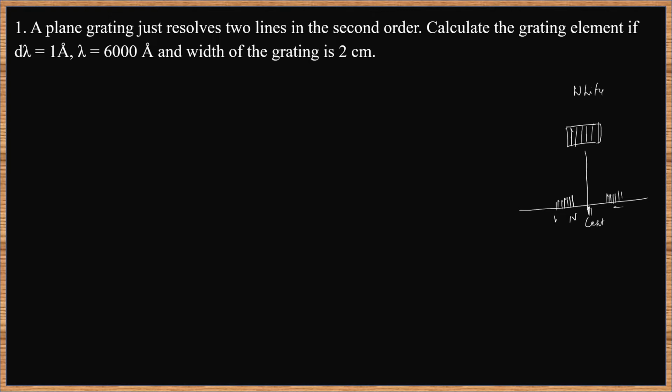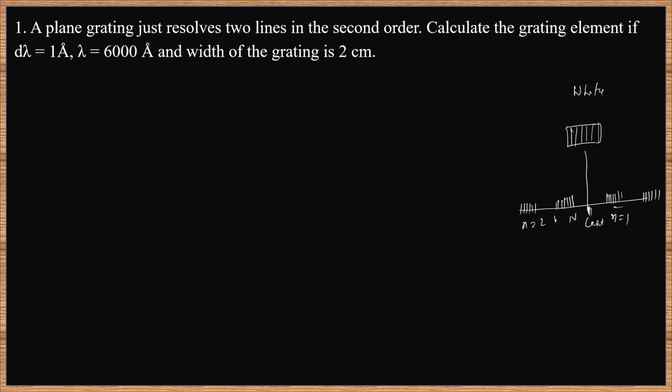This is for first order, n is equal to 1, and in the second order also we can see the VIBGYO. But the intensity will be lower than the first principal maximum. So that is n is equal to 2.